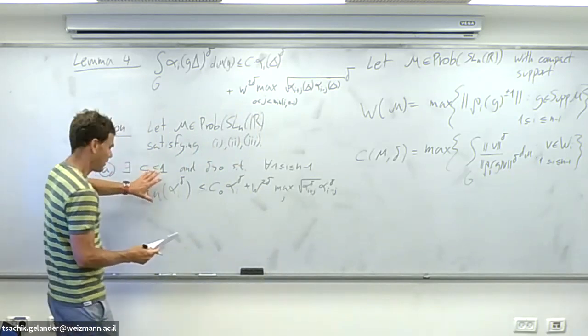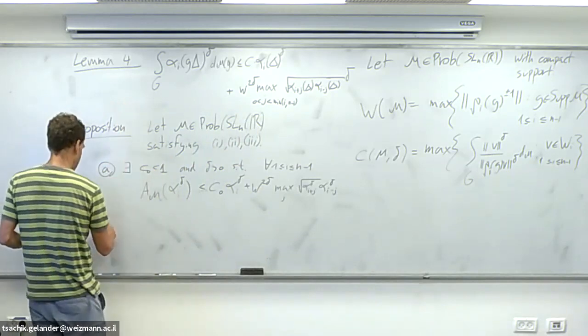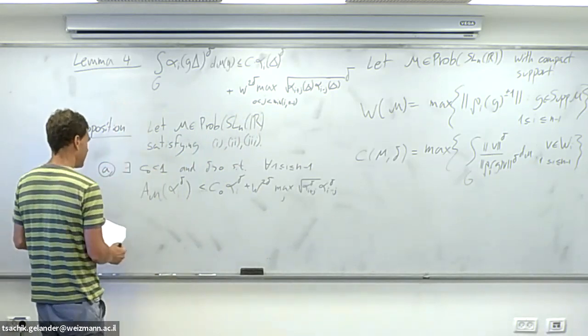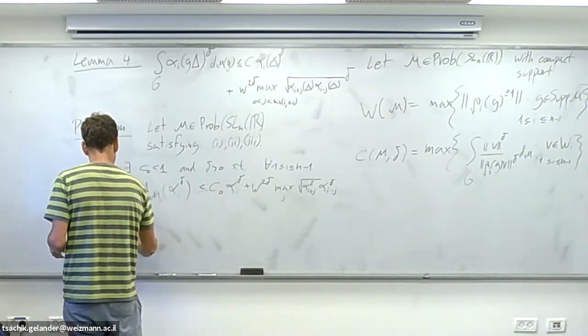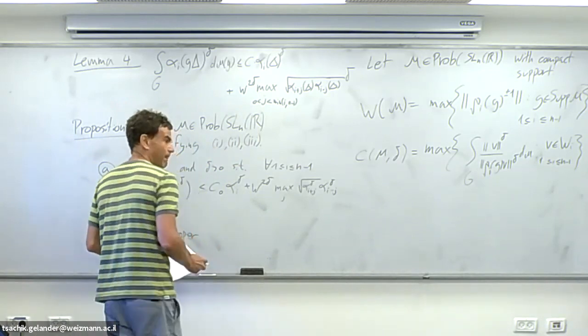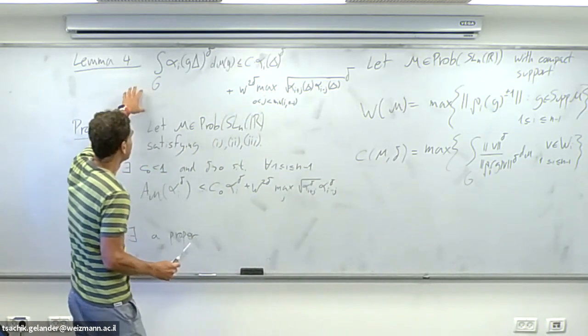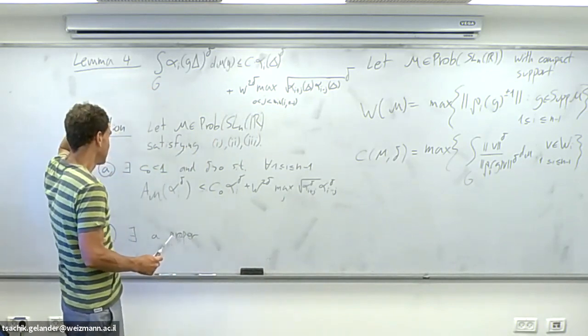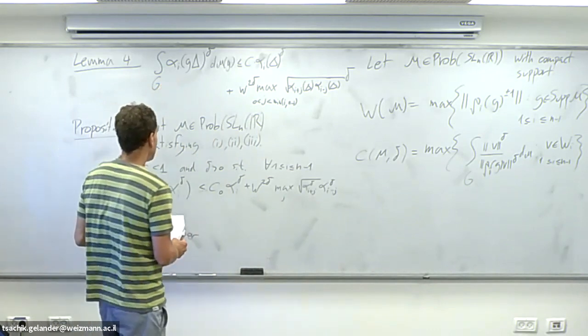Okay, now B. So A is just repeating the lemma, and B says that there is a proper Margulis function. This is exactly what is written here.